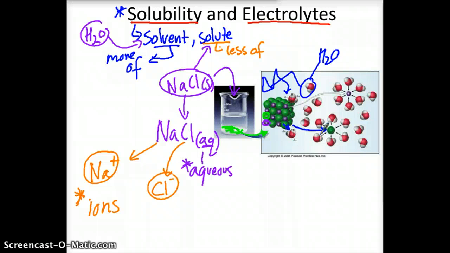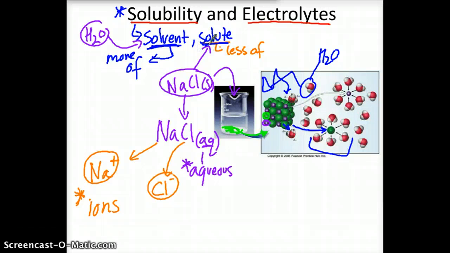Later in the year, we're going to talk about exactly which direction and orientation these water molecules will face, because it depends on the structure of the molecule. But what we need to know right now is, what does solubility mean? It's a measure of how well something dissolves. How can we identify the solvent and the solute in a solution?